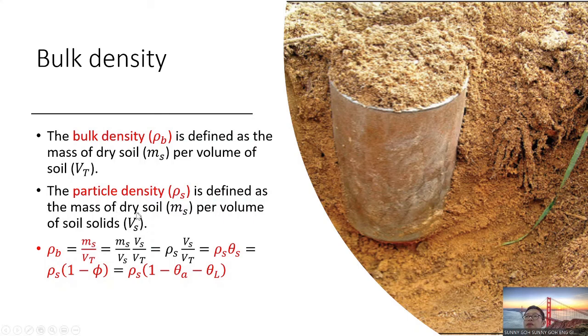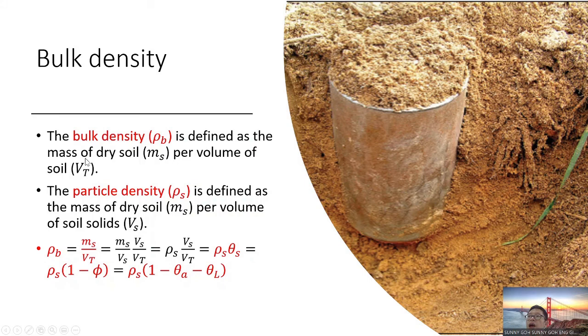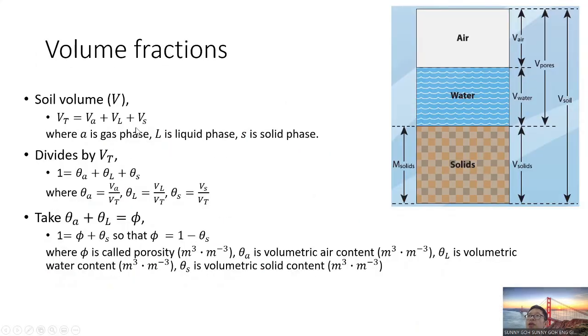But Vs is only the solid volume, excluding the space given by the air and by the water. You remember the previous slide: Vt equals Va plus Vl plus Vs. So Vt includes air, liquid, and solid, and Vs is only the solid particle volume.